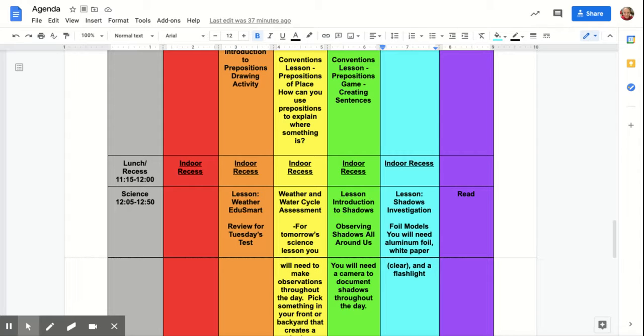So we really got to see how when the sun is in a lower position in the sky, it creates a much longer shadow versus when it's up higher in the sky, especially at its highest point, that shadow is its shortest length. So it's kind of opposite. If it's up high, you get a short shadow. If it's down low, you get a long shadow.